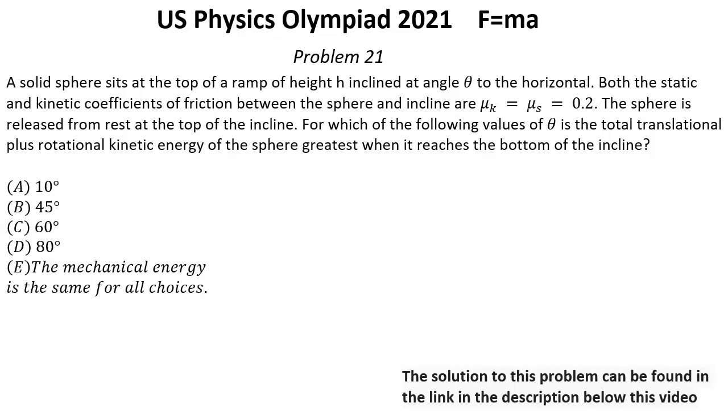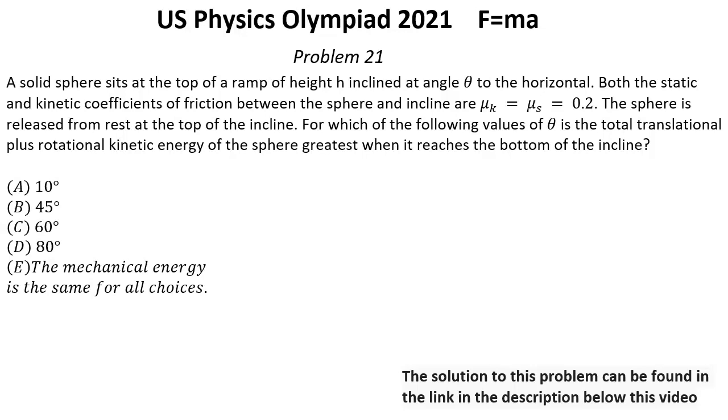Problem number 21. A solid sphere sits at the top of a ramp of height h inclined at angle theta to the horizontal. Both the static and the kinetic coefficients of friction between the sphere and the incline are mu k equal mu s equal 0.2.